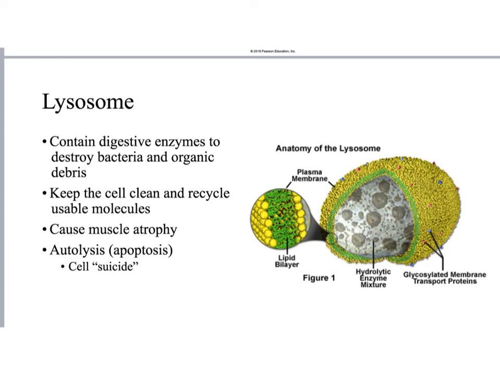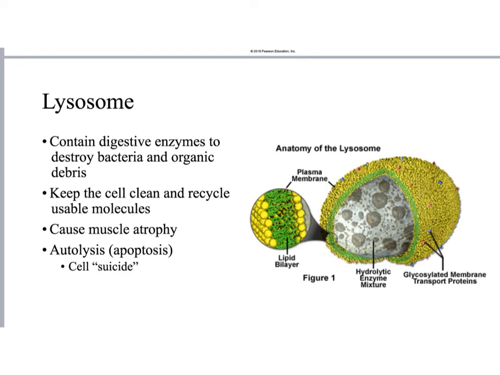So they're kind of the cleanup crew. And so they contain enzymes within them that can break down proteins. So that would be able to kill bacteria, for example. That would be able to recycle damaged or unused proteins and recycle the amino acids back into the cytosol to be used to make new proteins.